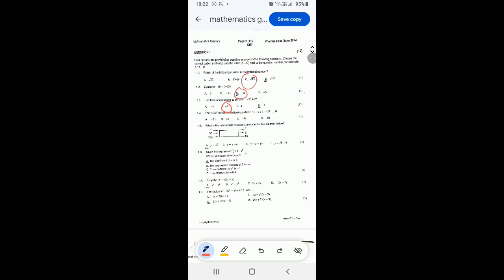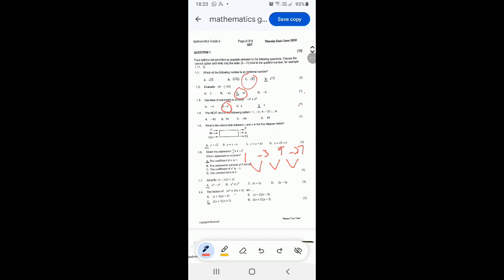This is how we get the next term. So we have 1, minus 3, 9, minus 27. Let's look at the difference here. Now, we cannot get the same difference if we subtract. For example, minus 3 minus 1, and 9 minus minus 3, the difference will be different.